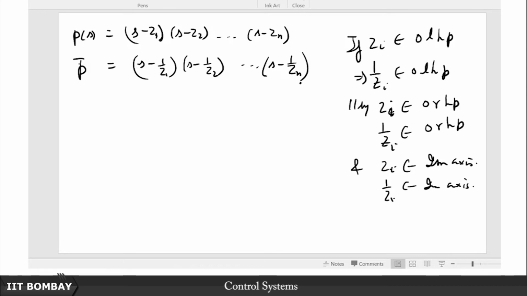So insofar as the root distribution of p and p bar are concerned, the degree of p is equal to the degree of p bar, and the signature of p is also equal to the signature of p bar. Therefore the distribution of the roots is one and the same for these two.